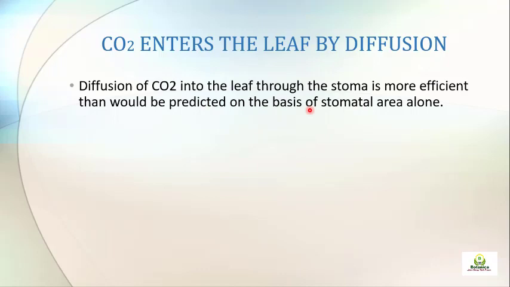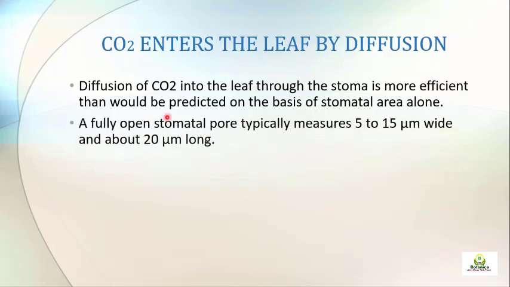For example, if we consider only the stomatal area, and CO2 enters from this particular area into the leaf, it is not possible to explain the movement of carbon dioxide from the environment to the leaf by the stomatal area alone.